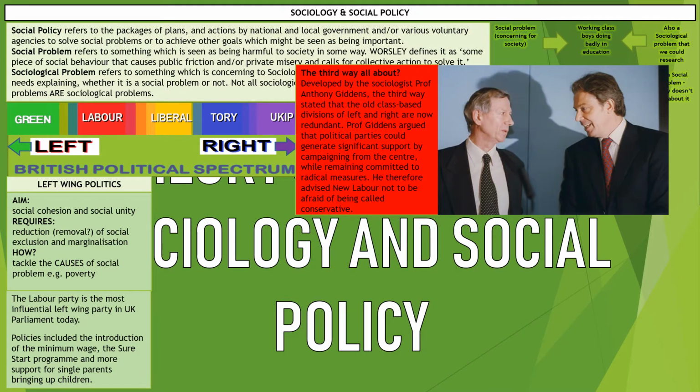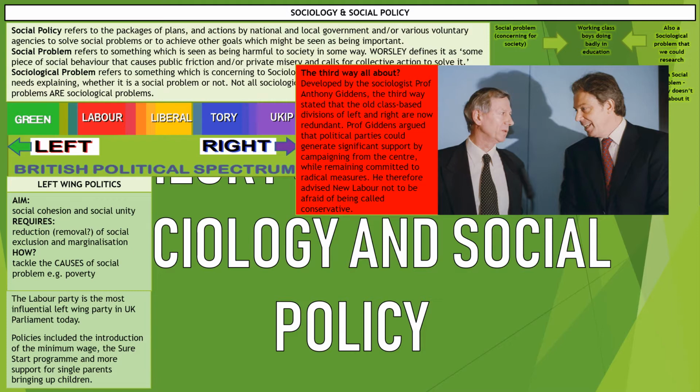Now, there is a good relationship between sociology and politics. Anthony Giddens, the sociologist, was very influential in the work of Tony Blair and the New Labour Party. One thing that Giddens introduced was the third way in politics. The idea was that, rather than having these traditional class-based divisions of left and right, most political parties who want to generate support may campaign towards a central position, a more central view, which would then allow them to gain power and then commit to those radical measures, their left-leaning or right-leaning measures.